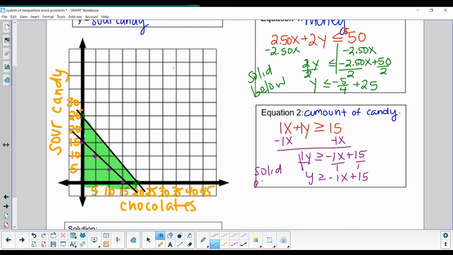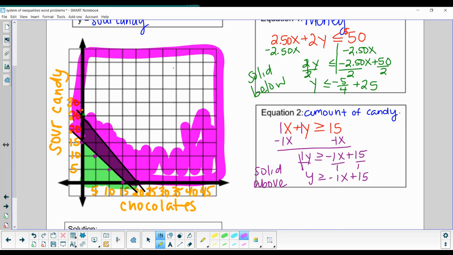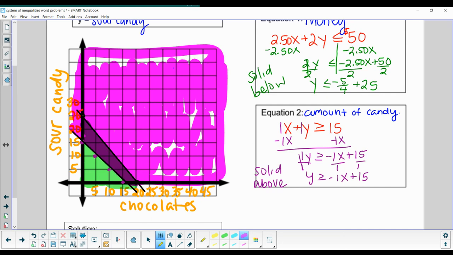And this time it's above because it's a greater than or equal to. So that's all this out here. Doesn't have to be perfect, just has to fill the space.